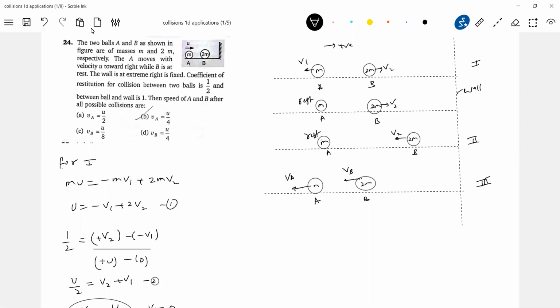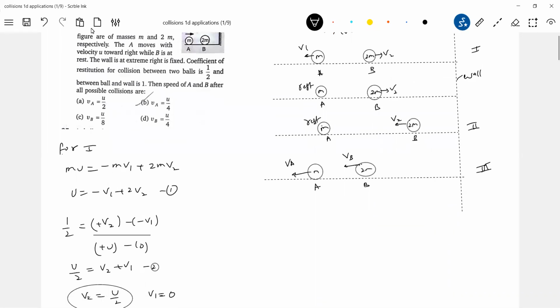Now there is a third event. As there is elastic collision, it will rebound with the same speed. Between second and third event, you apply conservation of linear momentum. So 2mv2 is equal to minus 2mvb minus mva. All this is equal to 2v2 equals 2vb plus va.